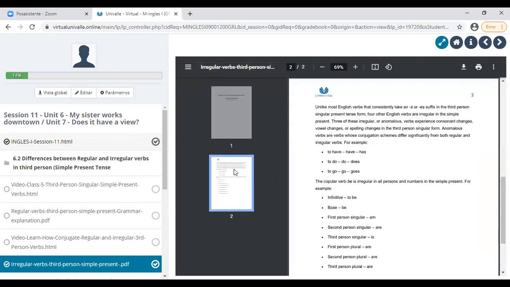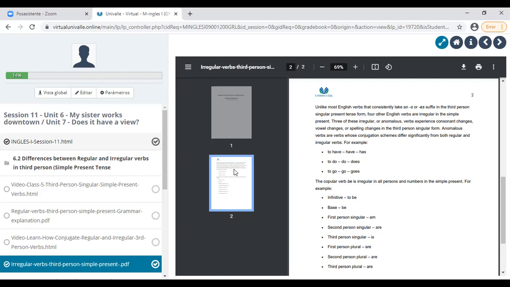In English, unlike most English verbs that consistently take an S or ES suffix in the third person singular present tense form, a few other English verbs are irregular in the simple present tense.